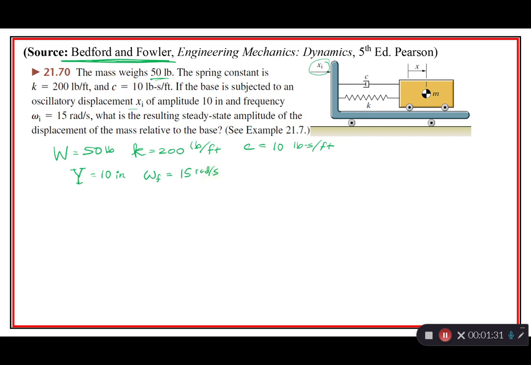What is the resulting steady state amplitude of the displacement of the mass relative to the base? Okay, so this is a key word in choosing our equations and our procedure. I messed up previously and didn't think my way through this thing.